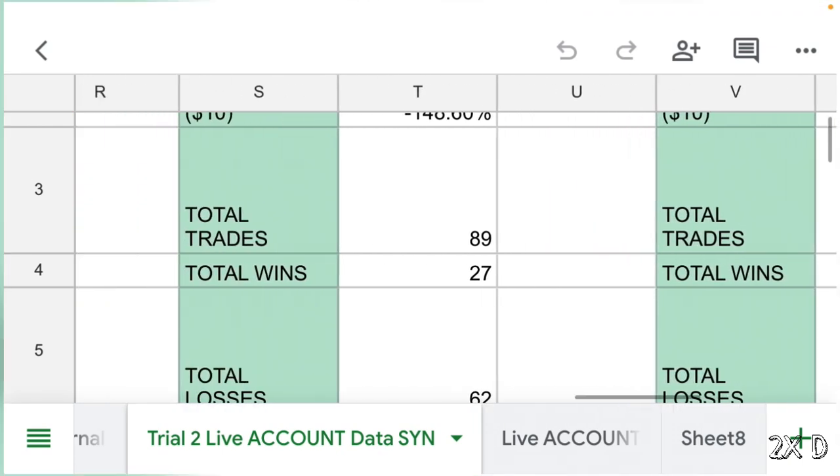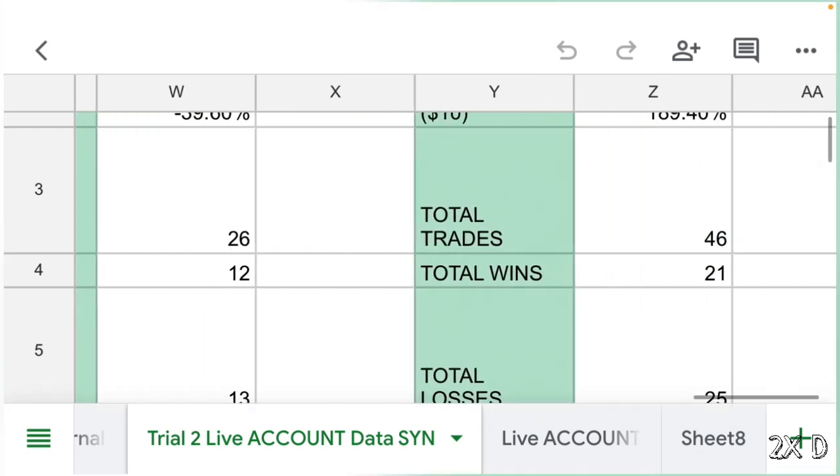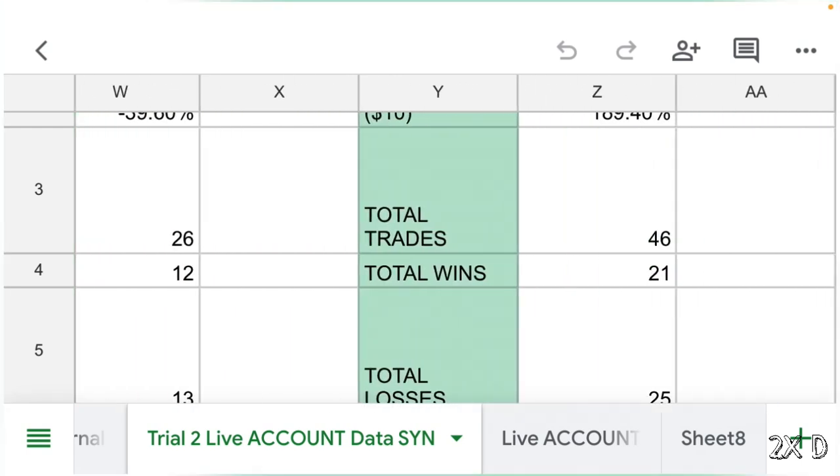The gist with synthetic indices is that they are not regulated the same way as normal forex or stocks or stock indices, your normal trading assets. So there's never really a guarantee as to what the market can do and will do. Most of these trades were a result of re-entry when I saw that my setup was valid.